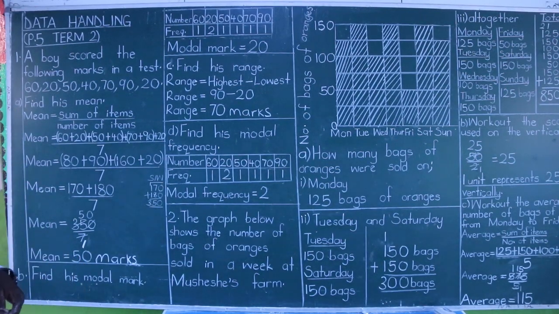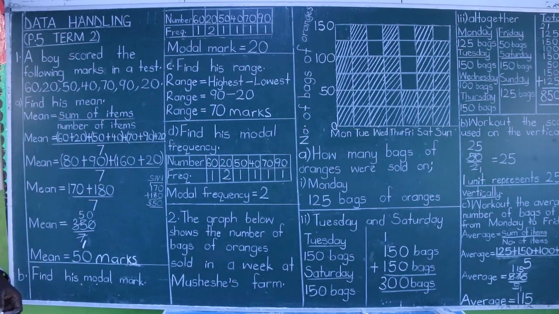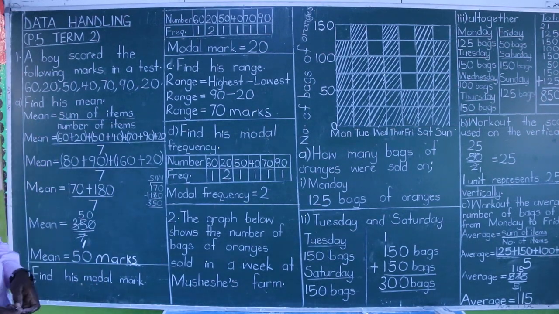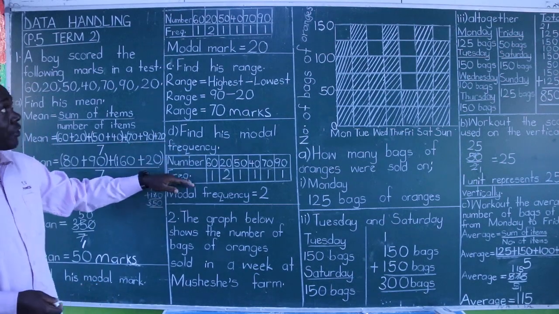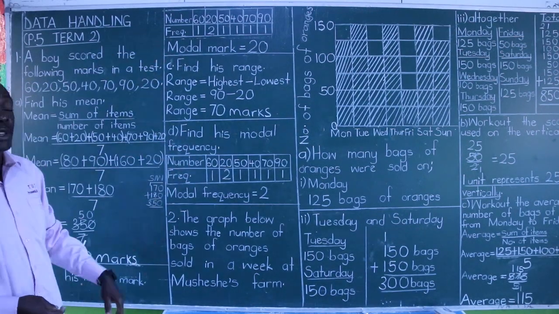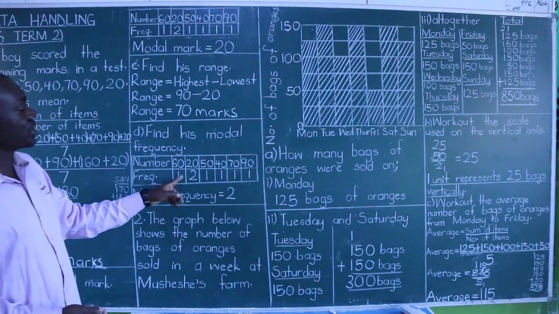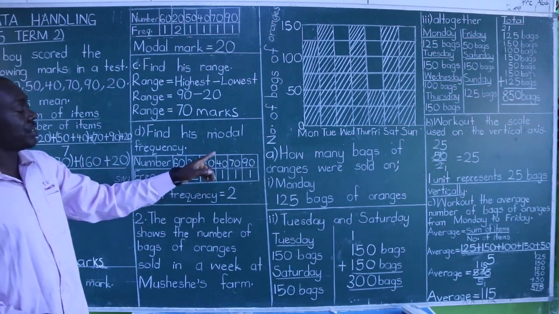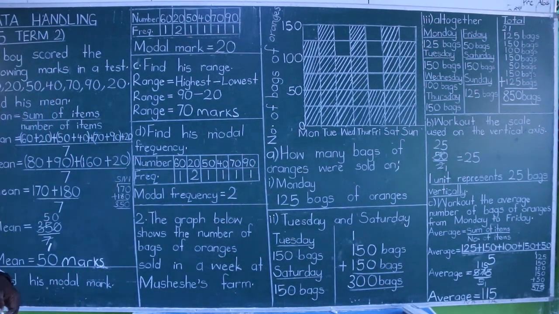Then as we go to part D, find the modal frequency. Remember, part B asked for the modal mark, and now modal frequency. It's the number of times the most appearing number does appear. So we draw the same frequency table and write 60 appears once, 20 appears twice, then each of the rest, 50, 40, 70, and 90, appears once.